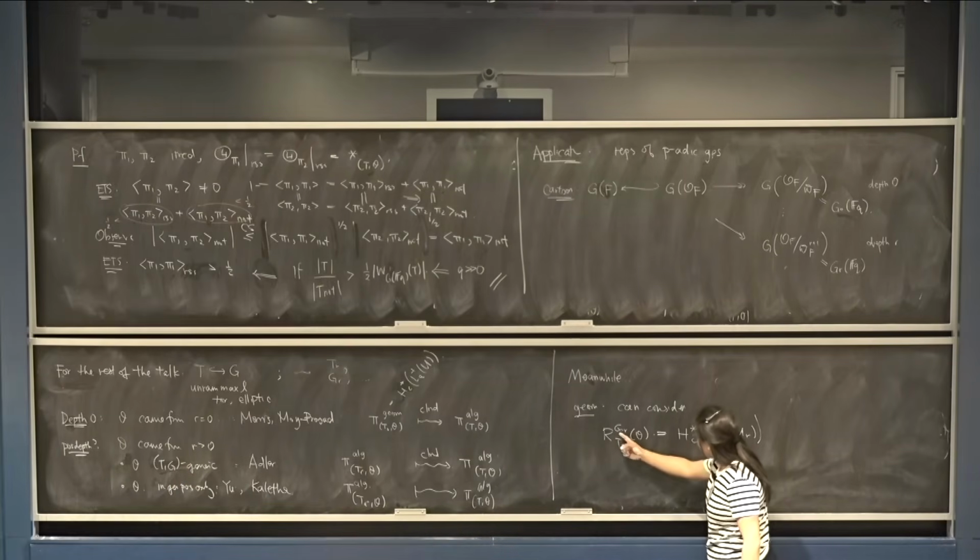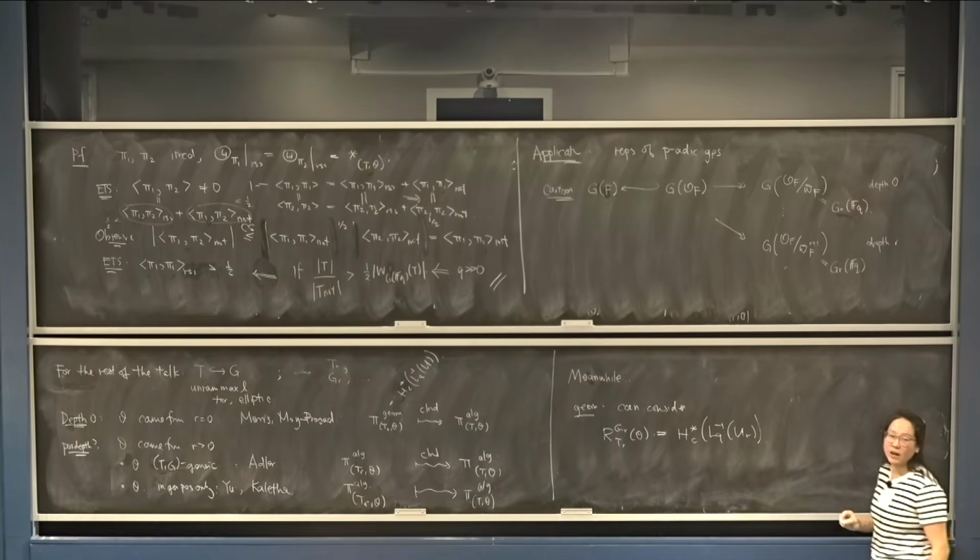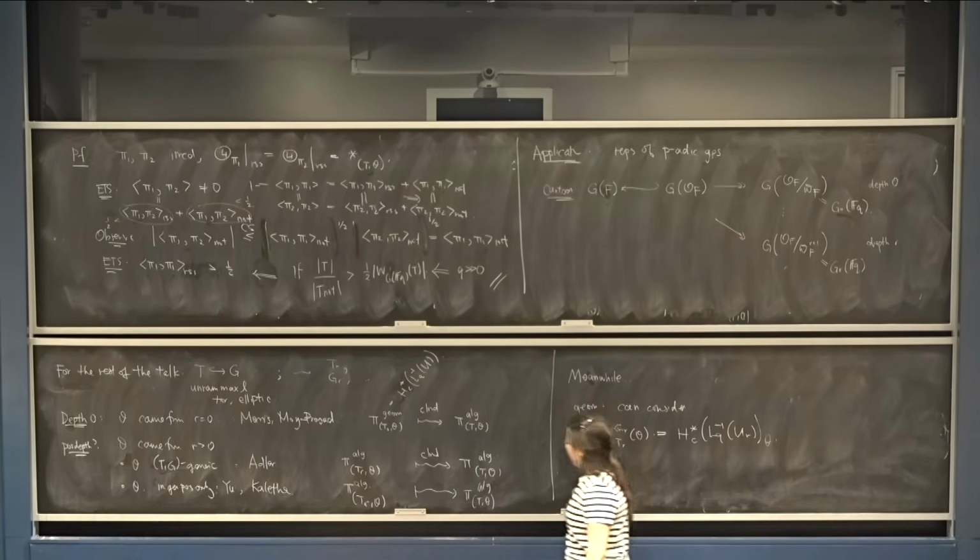There will be a left action by G_r(F_q), a right action by T_r(F_q). One can consider the isotypic part with respect to theta, and then ask what representation of G_r that is.